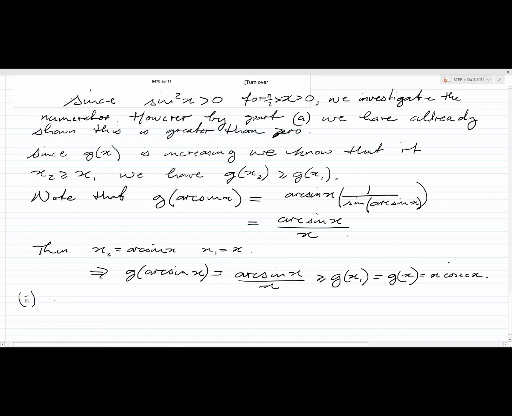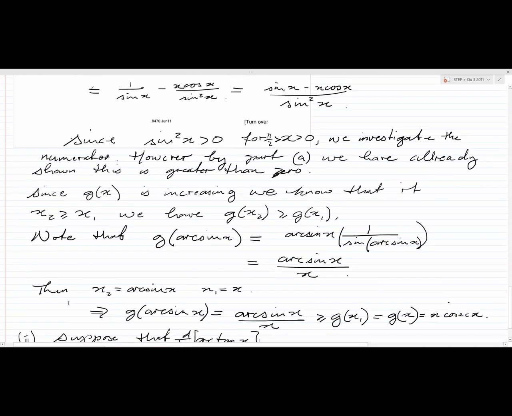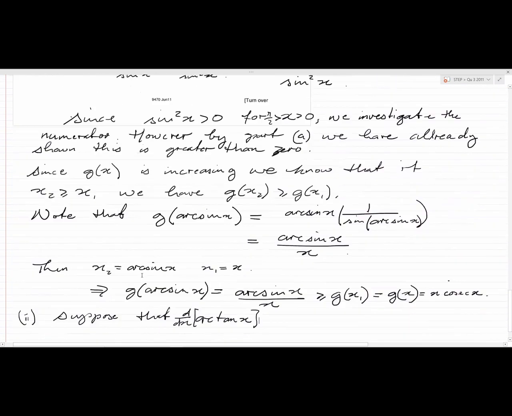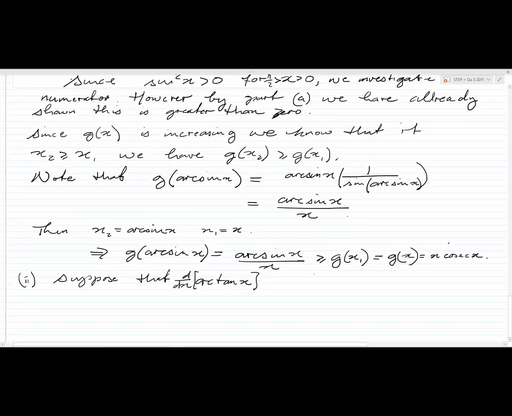Right, so now we have, suppose that we've got arctan, which is inverse tan of x, the derivative of that is, well, now it's the other way around, isn't it? So it's going to be less than or equal to 1.